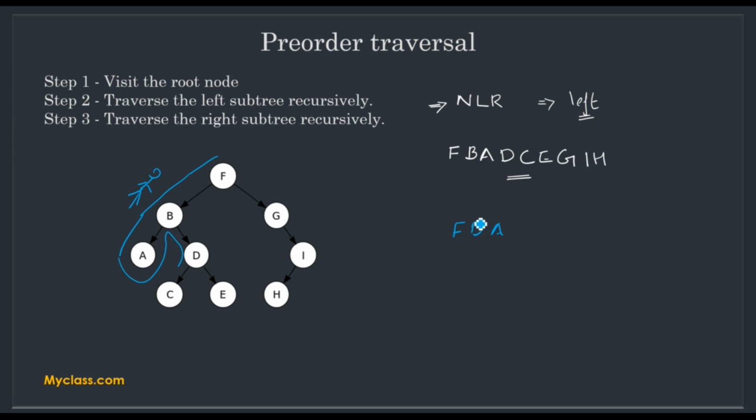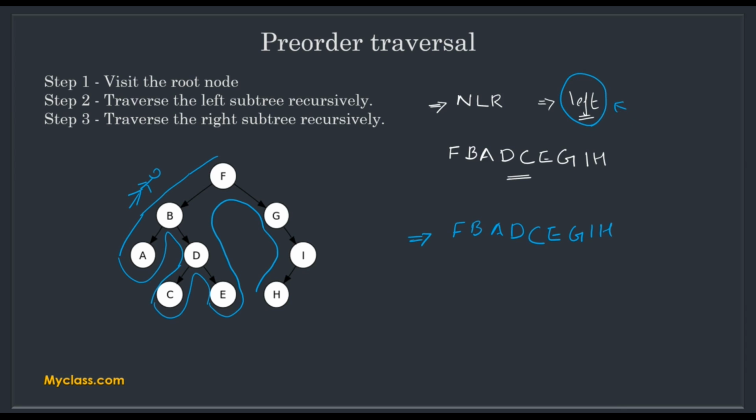Now D is at the left, so D. When we are traveling, C is at the left now, C is down, D is down. Now we are left to E. Okay, on our left side, E is there now. Now on the left, G, I, H. Okay, F B A D C E G I H. This is the preorder traversal. So we just remember left.